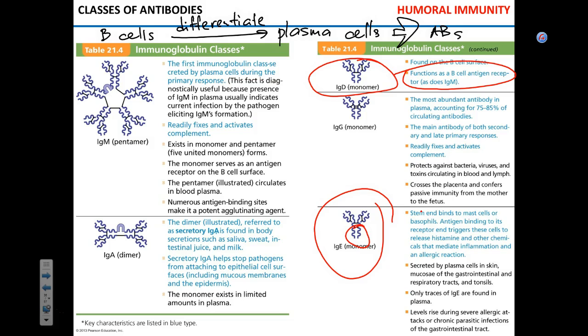IgA. This antibody forms a dimer. It always exists in the form of a dimer. You can see 2 antibody molecules co-joined at the constant region, here. So this IgA is a secretory antibody. It is found in the mucus secretions.